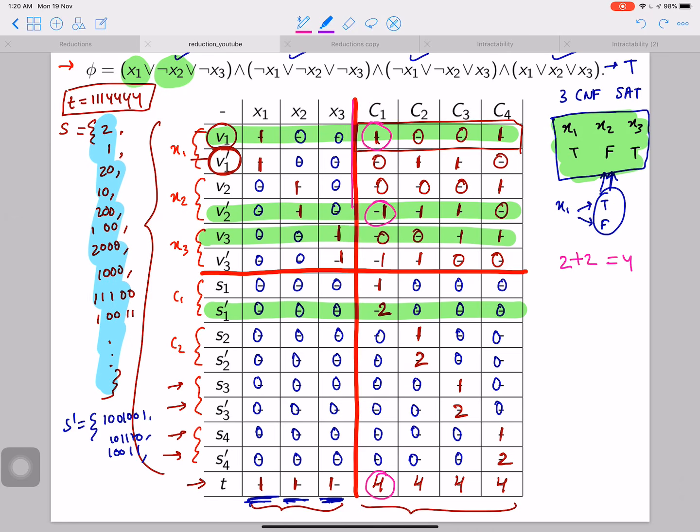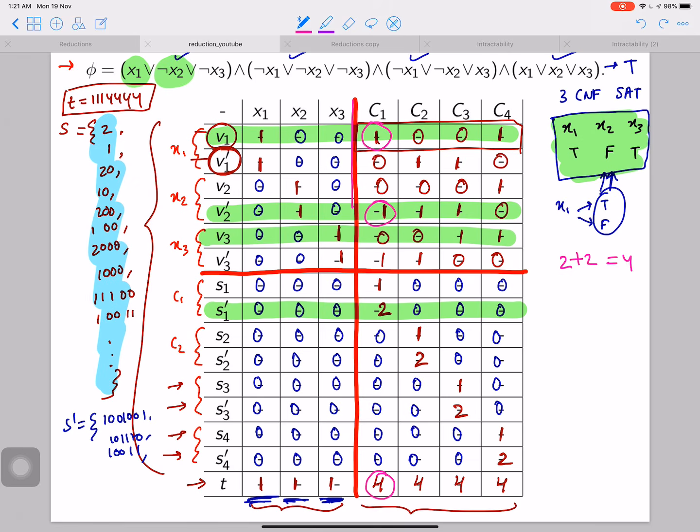So you need each of the clauses to be satisfied by at least one literal. The columns here will sum to either 1, 2, or 3. But if they sum to 0, that means they were not satisfied by any of the literals, and no matter how many helper variables you take, you cannot make it reach 4.